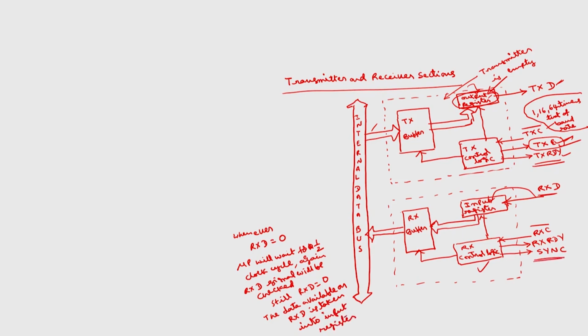Then sync will be to check for the sync pulse. In case of asynchronous, we will check for the start pulse, whereas in case of synchronous we will check for the sync pulse.